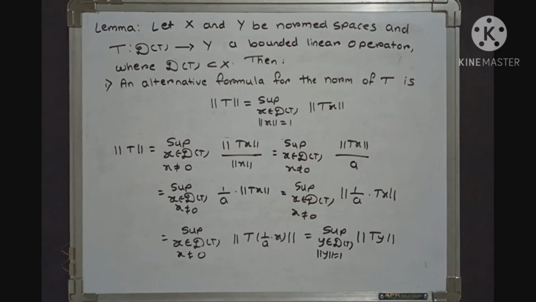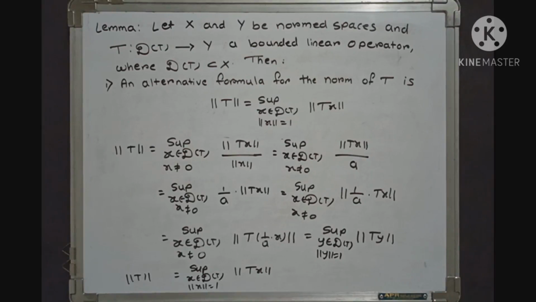Now writing x for y, we get the supremum over x belongs to D(T), ‖x‖ = 1, of ‖Tx‖. In this way we get that ‖T‖ equals the supremum over x belongs to D(T), ‖x‖ = 1, of ‖Tx‖.